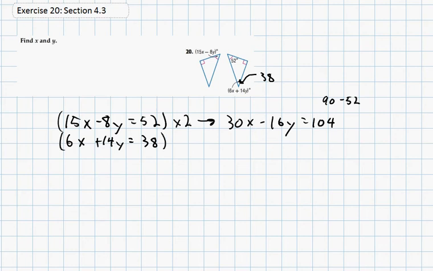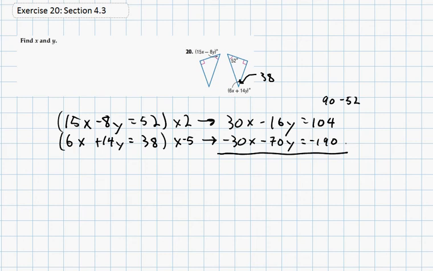This one, in order to match 30, I'm going to need to multiply by negative 5. That gives me negative 30x here. 14 times negative 5 gives you negative 70y. And then 38 times negative 5 is negative 190.